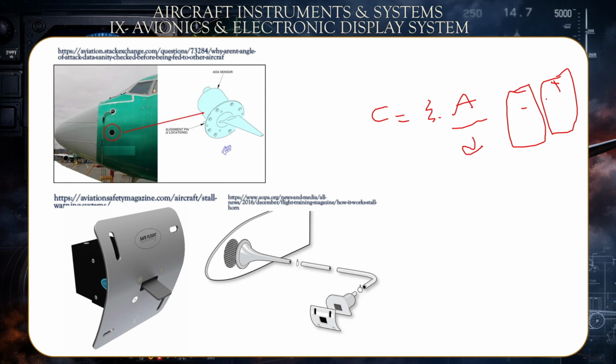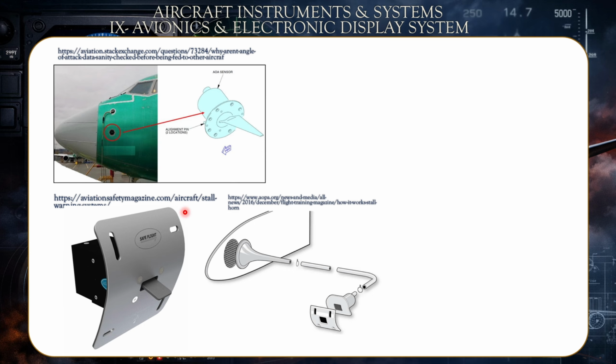And D is the distance between these armatures, in meters. Epsilon is the permittivity, which is the electric characteristic of the material between the armatures. In such case, that would be the air.